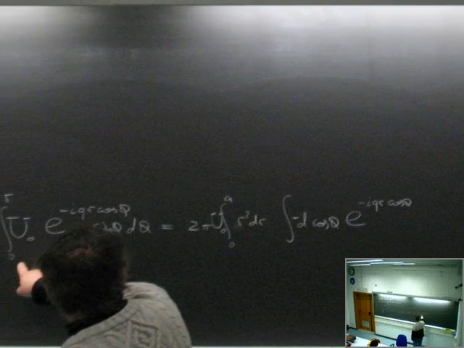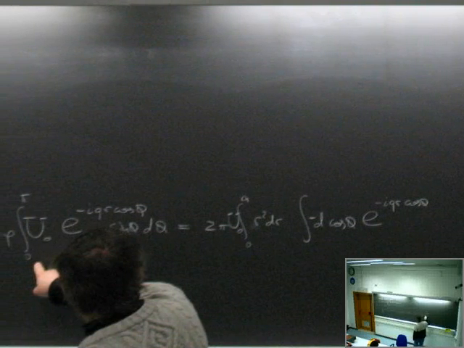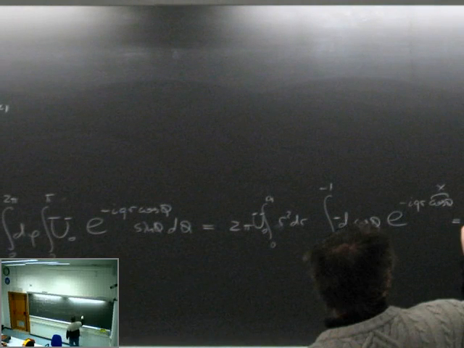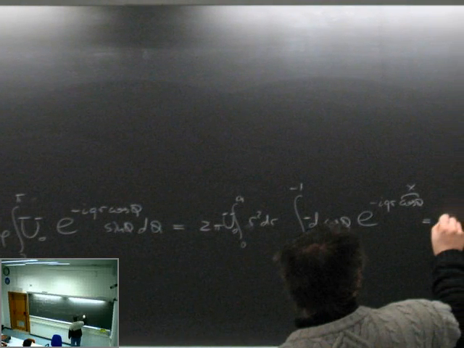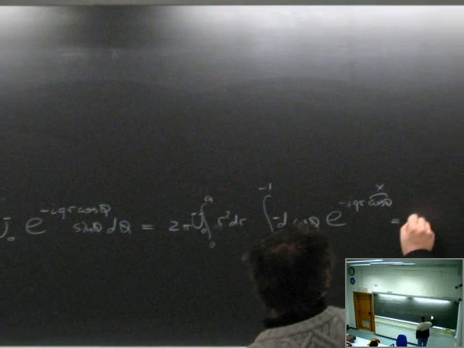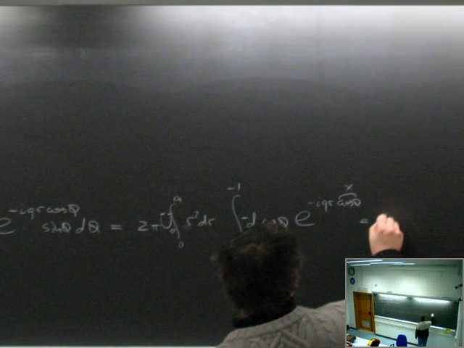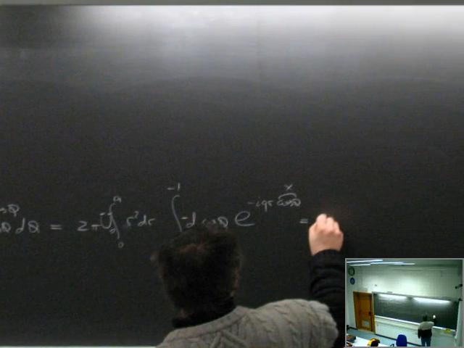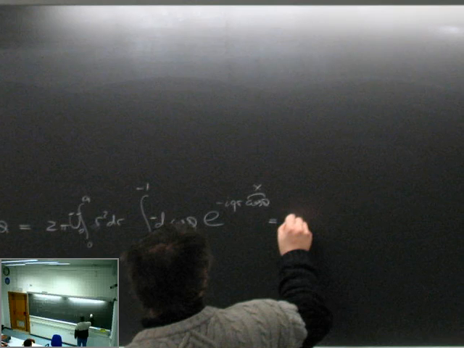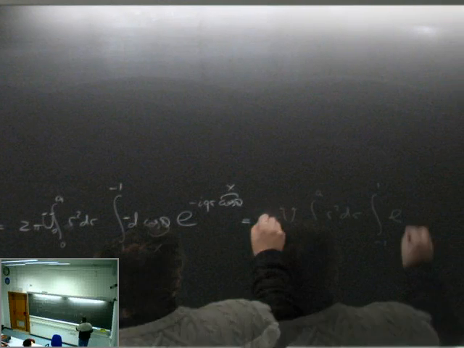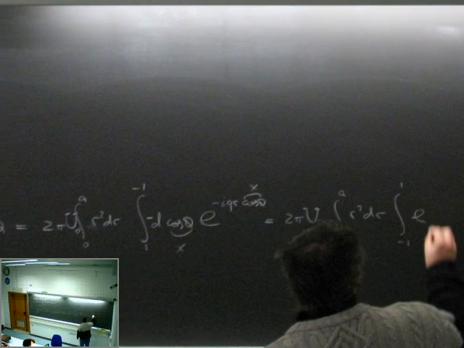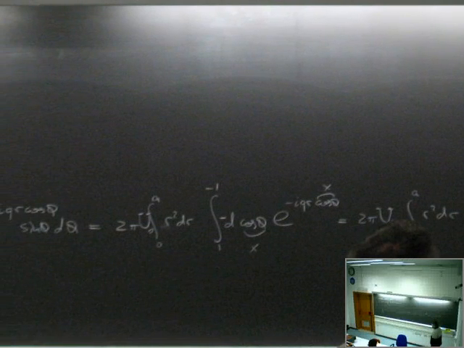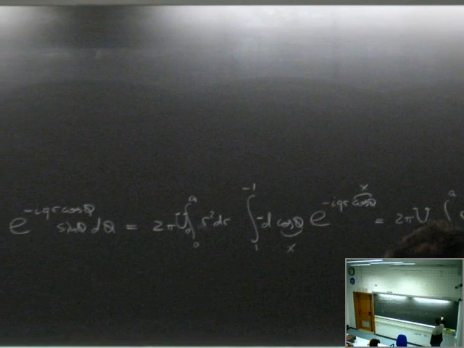If I denote this variable as x, here the same is x, I have a minus, and I will flip the limits of integration, so I have 2 pi u naught integral from 0 to a r squared dr, and here from minus 1 to 1 integral e to the power minus i q r x dx. So this integral is very simple.